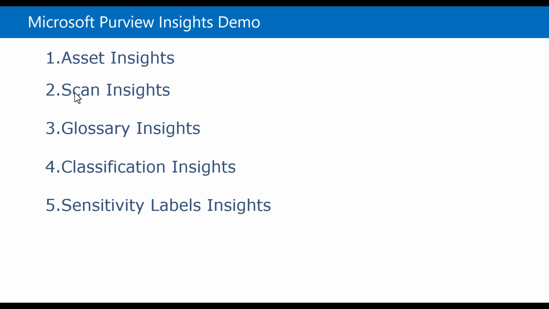It provides you what scans are happening or already happened in the past. What glossaries you have created, what classifications you have created, and then what the sensitivity labels are, meaning if there is a label you have assigned to an asset, what those labels are. So this is what it shows in terms of the insights.